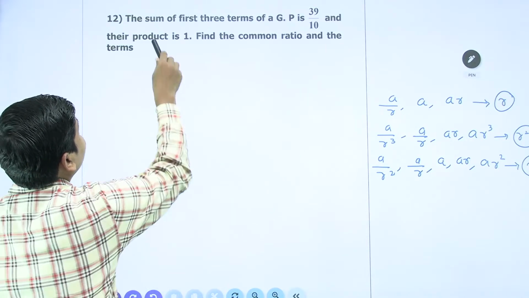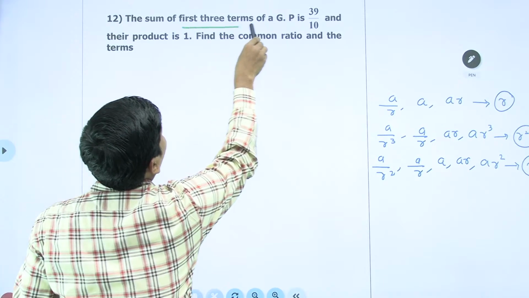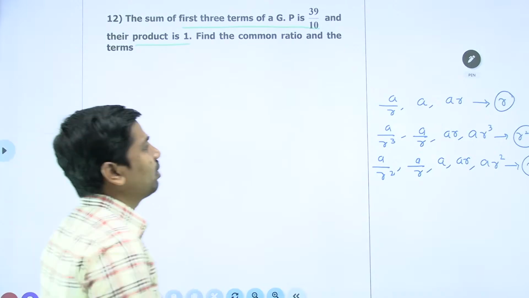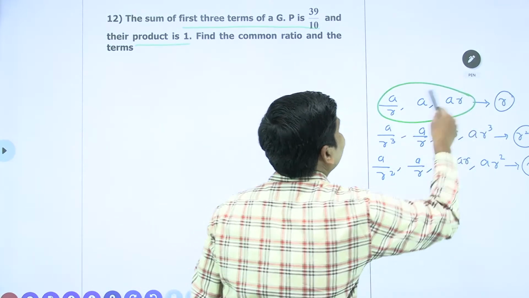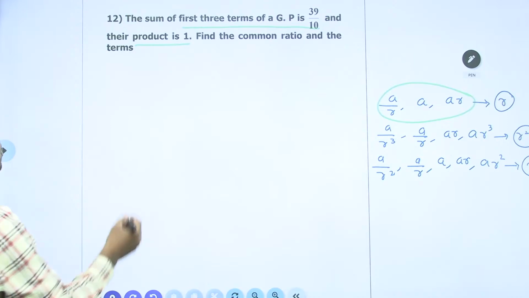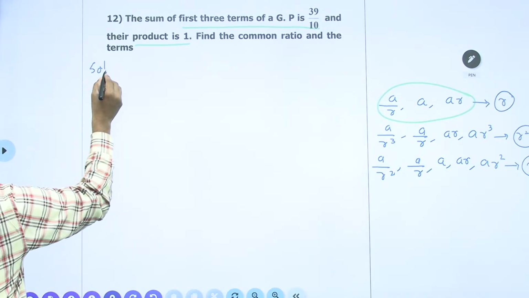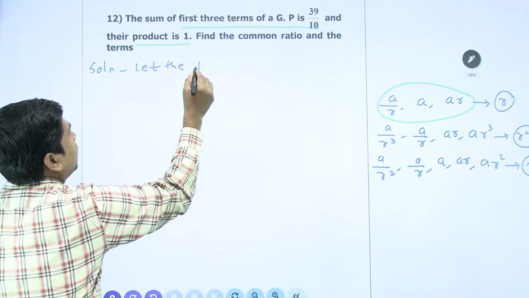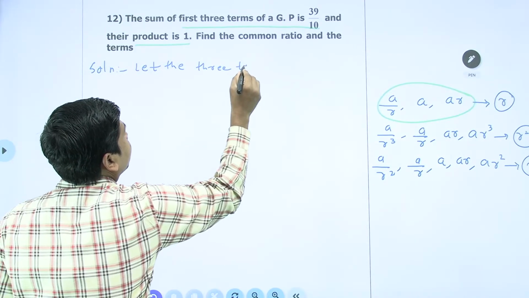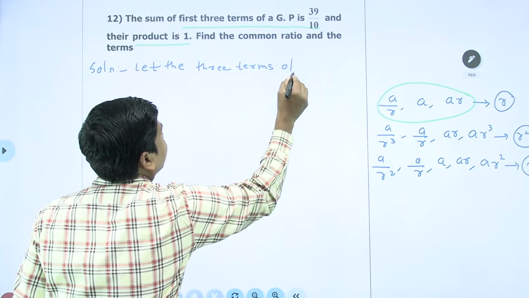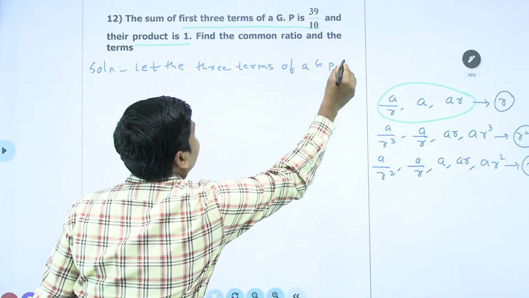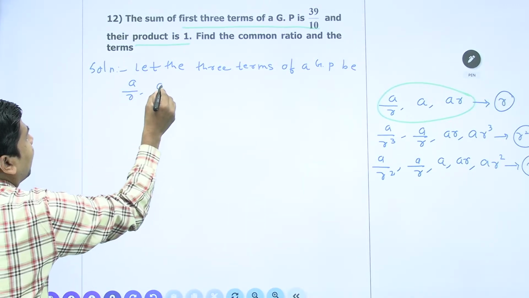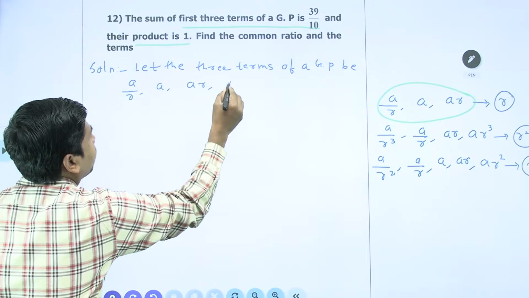But here, the sum of the first three terms of the GP is 39 by 10 and the product is given. Product is given, three terms are given. Let us take those three terms as A by R, A and AR. Let the three terms of a GP be A by R, A and AR.